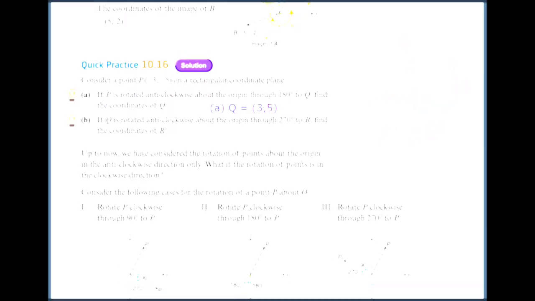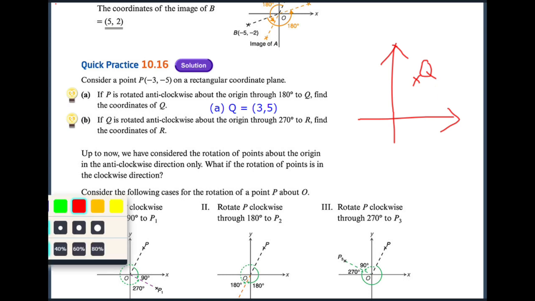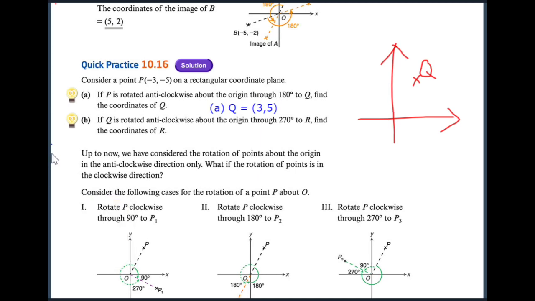For part B, draw the graph, and also draw back the position Q. Your point Q here is your original point this time, and then rotate about the origin 270 degrees. So let's follow its instructions.